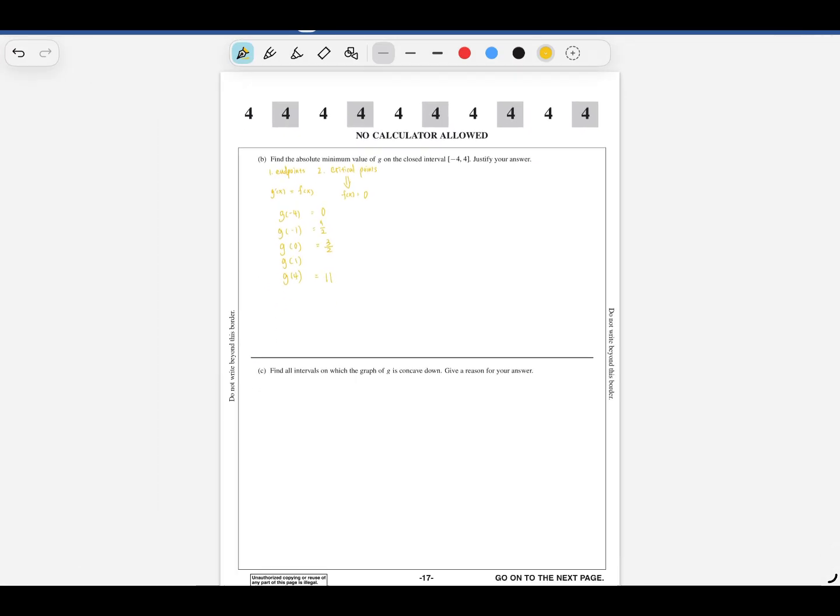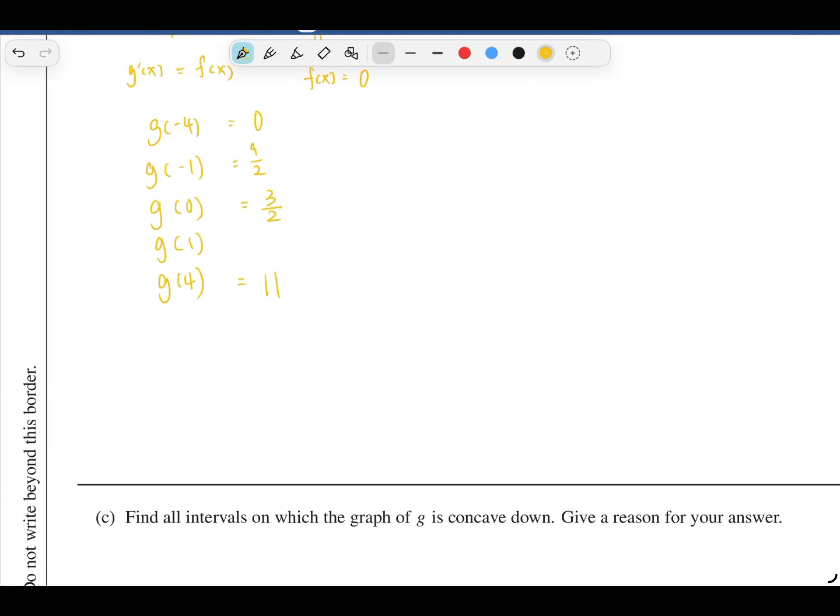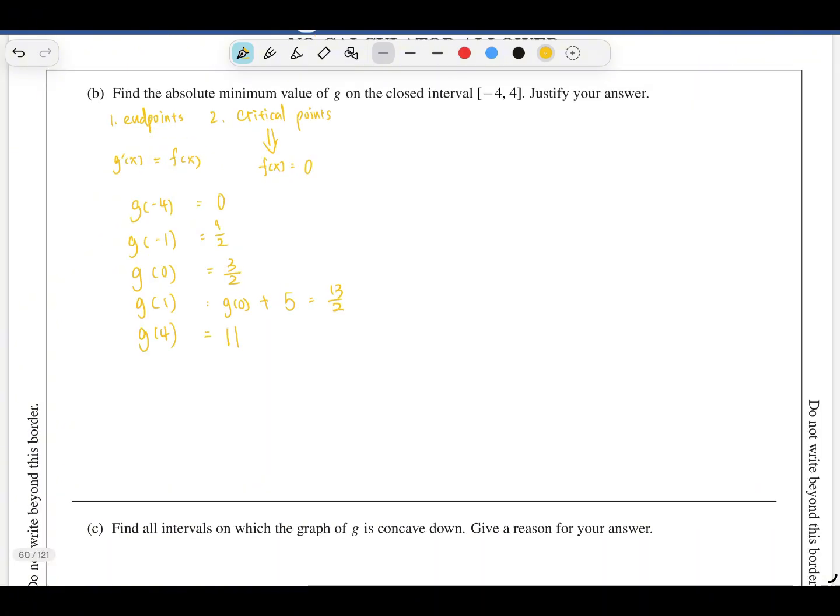And g(1) is equal to g(0) plus B, which is 5, equal to 13/2. So with these values, we notice that the smallest is 0. So the absolute minimum value of g is at -4, which is when x is equal to -4.